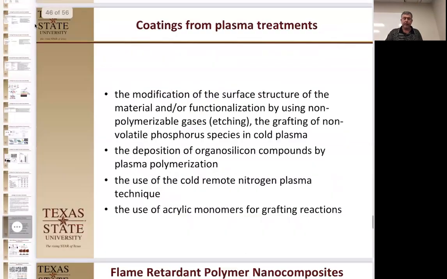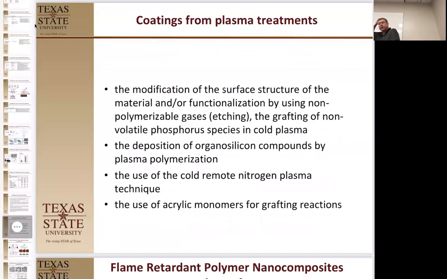Okay. And then with that, you can use the plasma to etch away the surface so that all your organics are gone from the surface and you have only an inorganic surface layer. So that's going to help protect you from oxygen. That works really well for your organosilicon compounds, especially if you use oxygen as one of your gases.